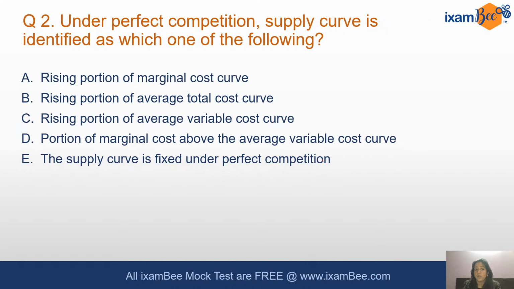Whether it is the rising portion of the marginal cost curve, the rising portion of the average total cost curve, the rising portion of the average variable cost curve, or the portion of the marginal cost curve that is above the average variable cost curve, and option E is that the supply curve is fixed under perfect competition. That is, we do not worry about the supply curve and it is usually fixed under perfect competition. So which of the following is the right answer?